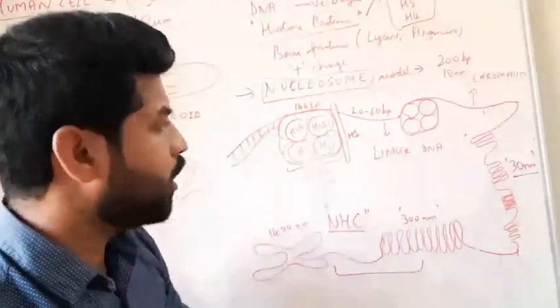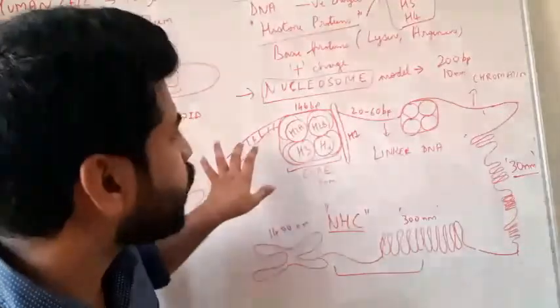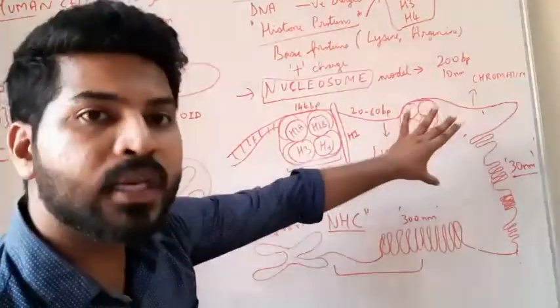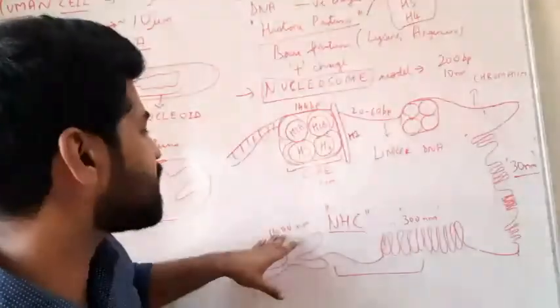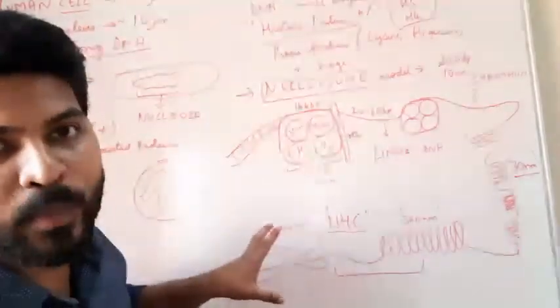And that is how the 2-meter long DNA molecule is coiled into chromosomes whose size is roughly 1400 nanometer, which is present inside the nucleus.